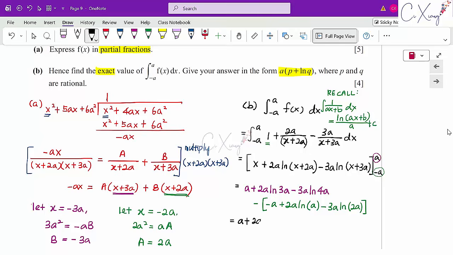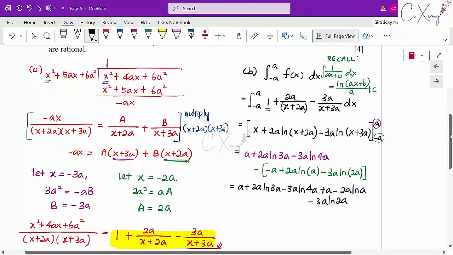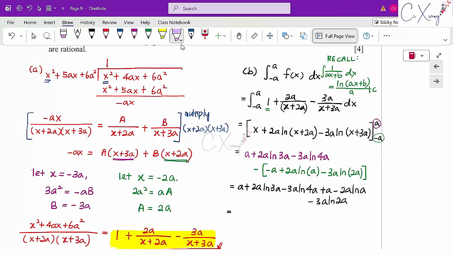So I have 2a ln 3a minus 3a ln 4a, then plus a, minus 2a ln a minus 3a ln 2a. Next, what can we do now? We combine all the terms without the ln first. So a plus a, you have 2a.